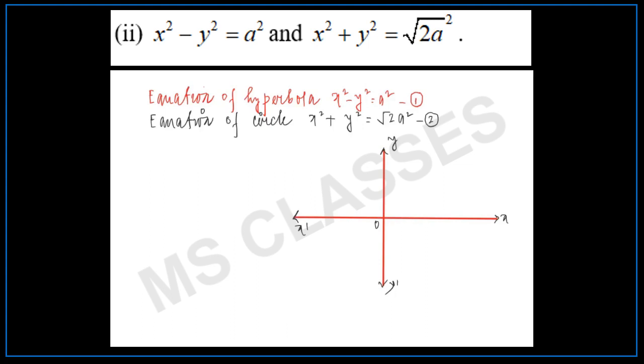At first, we represent the hyperbola, x square minus y square equal to a square. So the vertices we can see are A(a, 0) and A prime (minus a, 0).